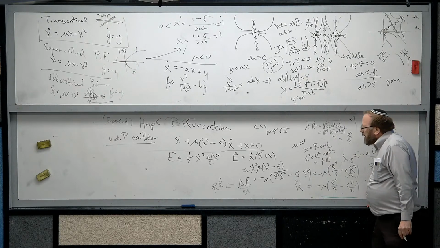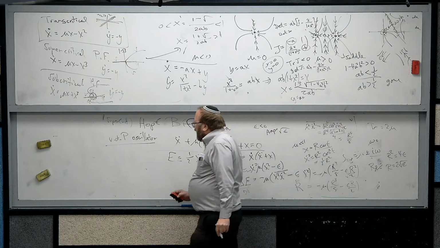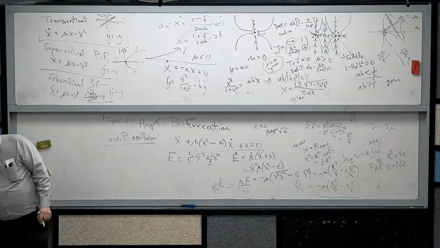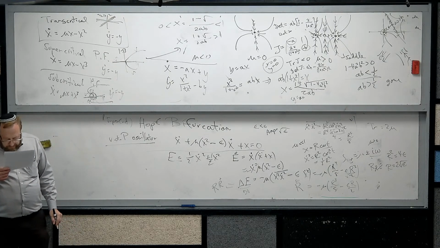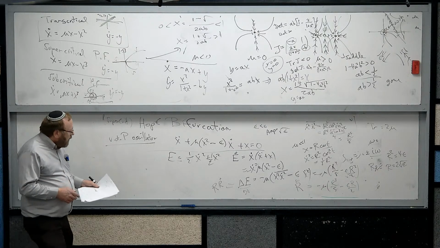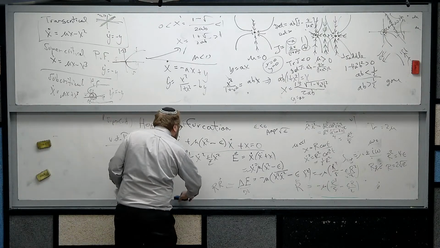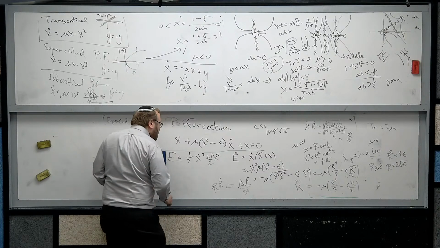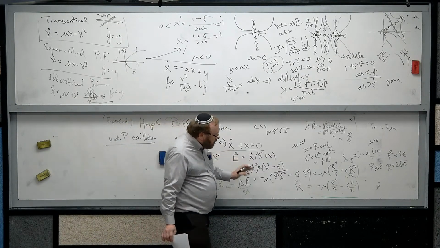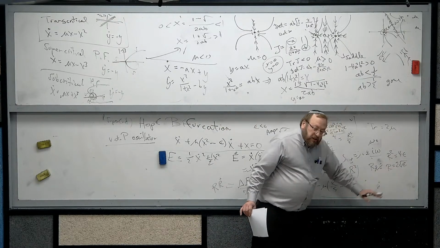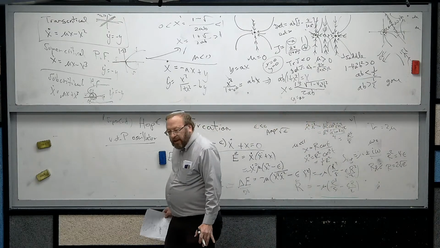All right? Now, let's do it a little more general. Because what we are now going to use is the fact that near threshold, when epsilon is small, r is of order the square root of epsilon.